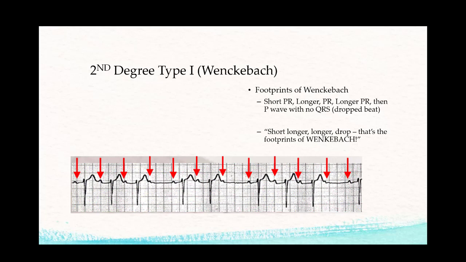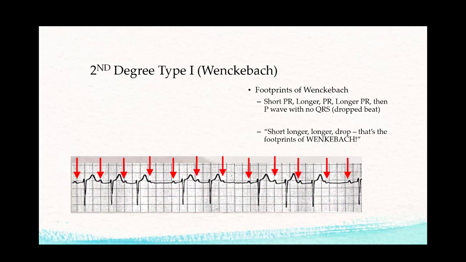And on the third complex, our PR interval gets longer. And then on the fourth, we have a P wave, but we don't have a QRS. Okay? So this is called Wenckebach. The way to remember it is short, longer, longer, drop. That's the footprints of Wenckebach.